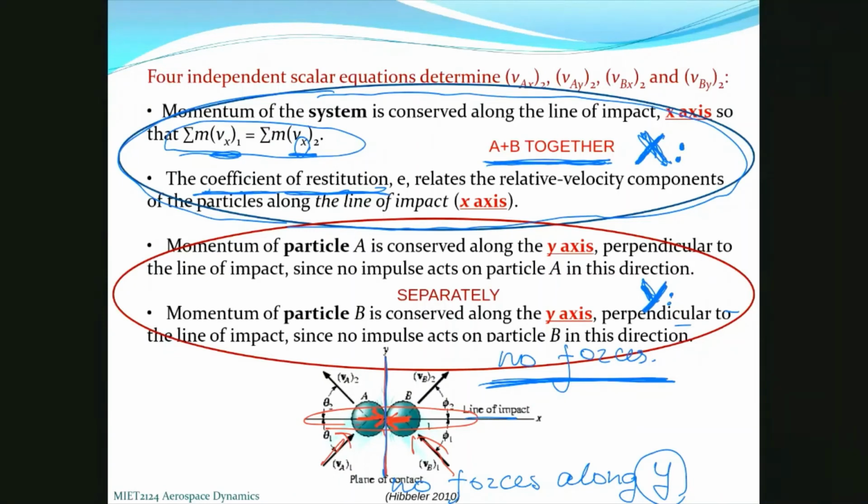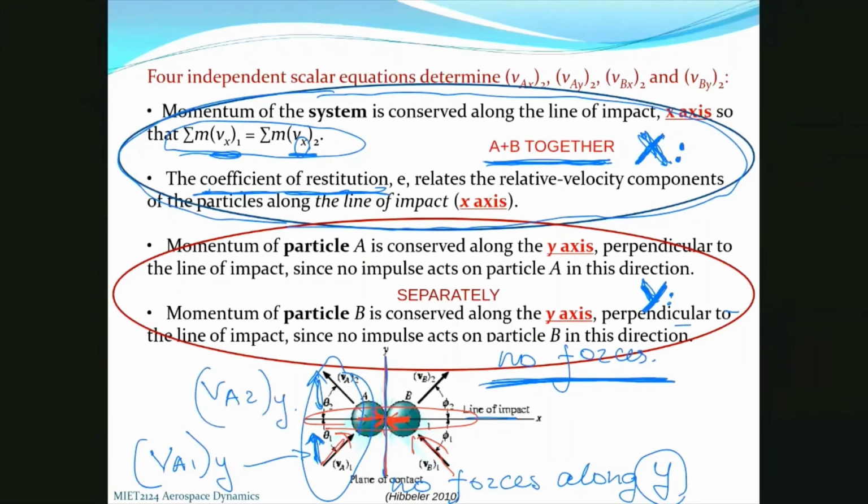So let's, for example, take this bit. So here we have vA1y. Where is it? Here we go. This is the one. And here we have vA2y.